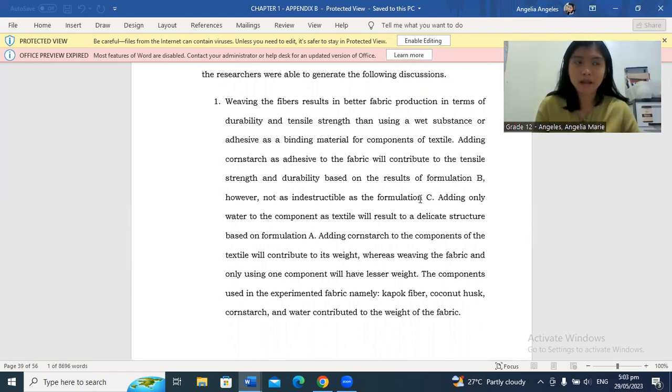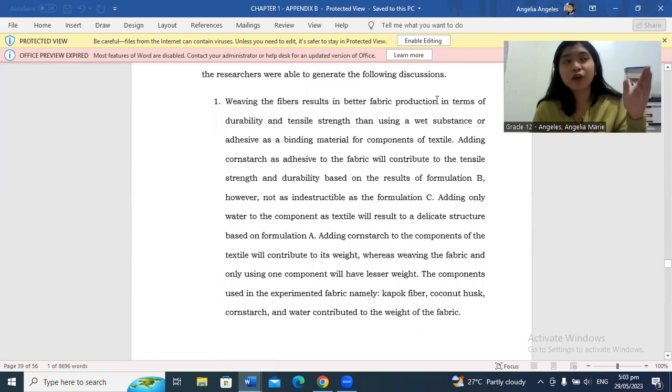Okay, so di ba ang abaca fabric is naka-weave dun? Okay, so we came to the conclusion na yes, the formulation C held the greatest result in tensile strength. So what naman, di ba? So what is masasagot siya sa conclusion?